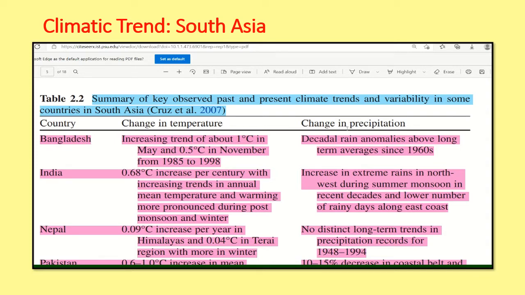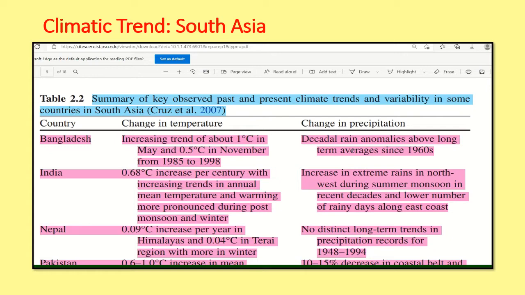In the case of precipitation, in Bangladesh, decadal rain anomalies are above the long-term averages since the 1960s. So in Bangladesh, the warmer months, that is the summer months, get warmer, and also in winter, the average temperature of the months of November or December is an increasing trend.